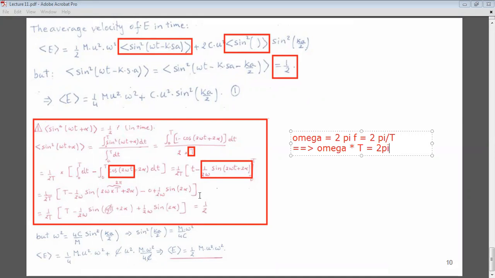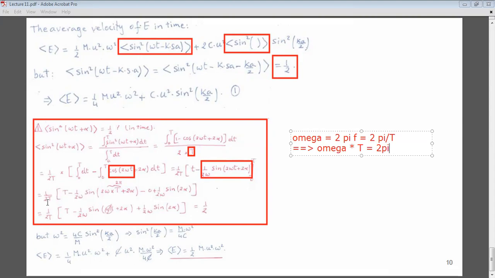From the other side, I also have 1 over 2 omega. If I put in t, it will be 2 omega t. Now we're plugging in the 0, so I will get 0 from here, plus 1 over 2 omega sine of 0 plus 2 alpha, so I have sine 2 alpha.